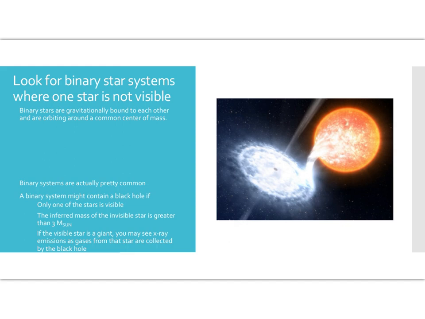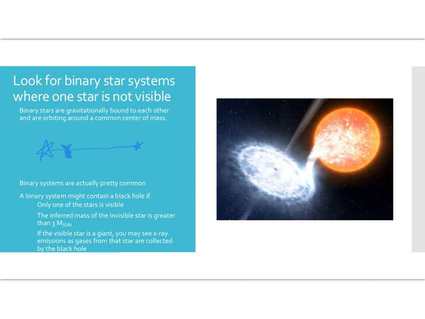A binary star system is two stars. You might have one big star and one little star. And I said that they orbit around a common center of mass. What do I mean by the center of mass? I always like to think of it as if these two stars were sitting on a seesaw, where would be the pivot point so that they would balance? That would be the center of mass.